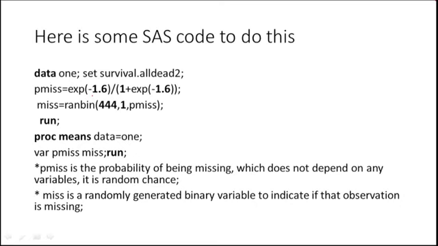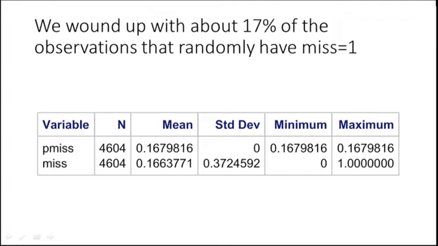So P-miss is the probability of being missing. Miss is the realization of that. Either you were missing or you weren't for each of the 4,604 people in the cohort. And what you see is that about 17% of the observations are now missing.